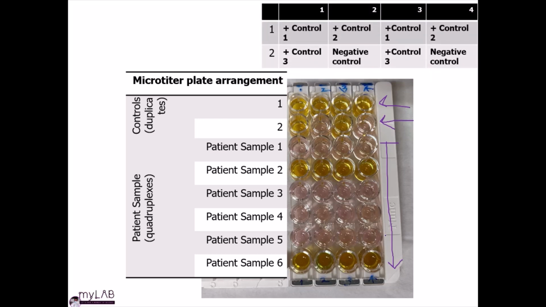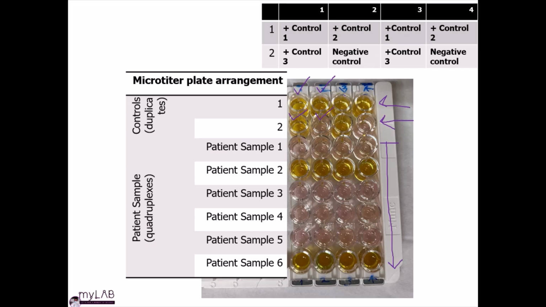On the controls, we have positive control 1 in this well here. Then we have positive control 2, then positive control 3, which is P24, and then we have the negative control.